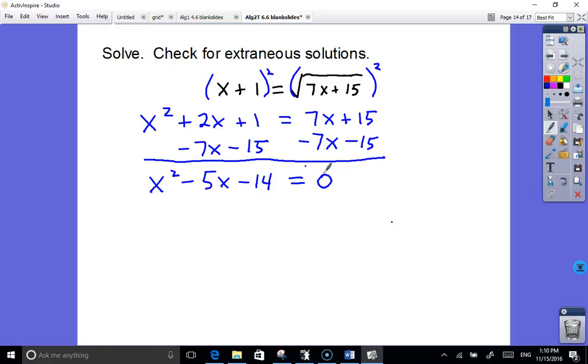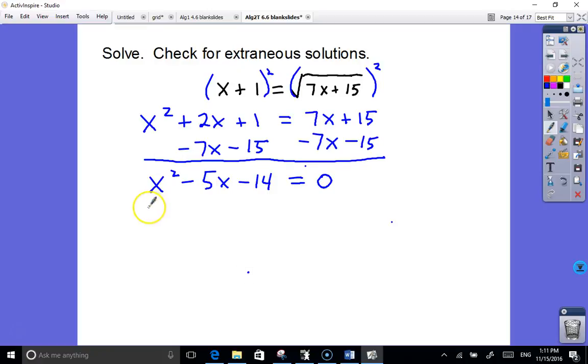If you go check, are there factors of negative 14 that add up to negative 5? And there are. Then it's factorable, so you should probably factor it. What if it's not factorable? What would you do? Quadratic formula, right? So one or the other. If it's factorable, that's probably the fastest, easiest thing to do. If it's not factorable, stick it in the quadratic formula.